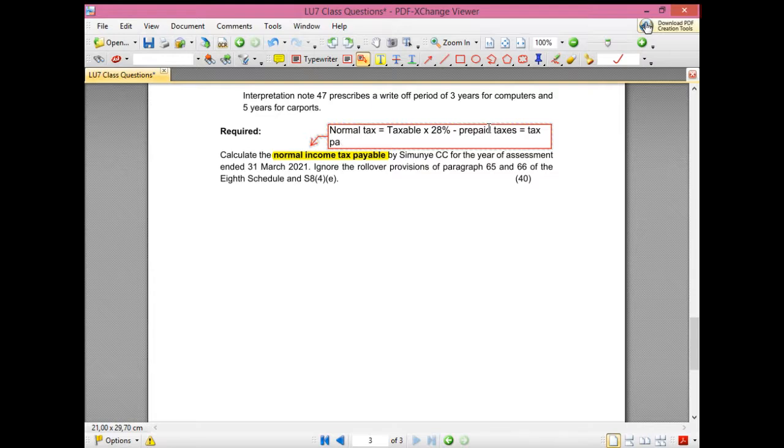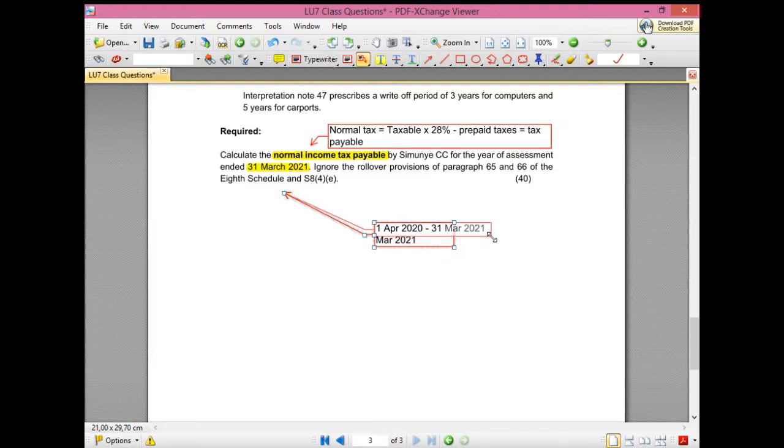Okay, so by just understanding what the lingo tells you, you already know how far in the calculation you need to go. Then they tell you it's at the end of 31st of March. So that means our tax period runs from 1 April 2020 up to 31st of March 2021. Okay, so that's our tax period.